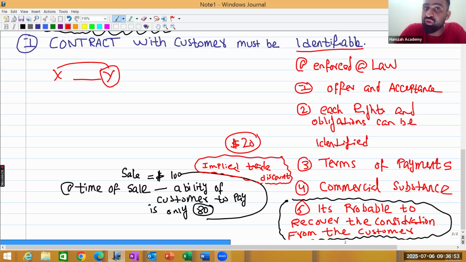In that case, it would be identifiable. Otherwise, for Y, the contract is not identifiable. And if the contract is not identifiable, then Y cannot recognize the revenue as well. So first of all, the most important thing is that the contract should be identifiable.